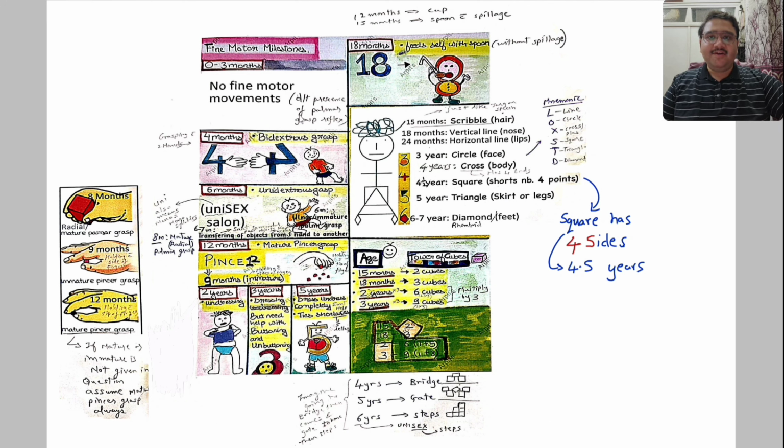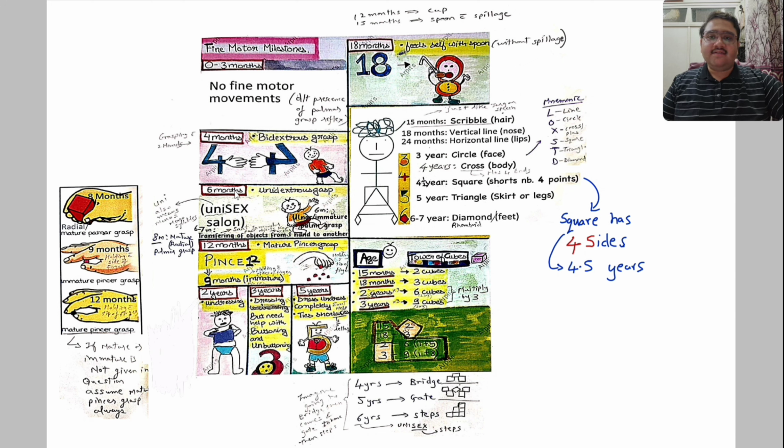Coming to the fine motor milestone, at 0 to 3 months there is no fine motor movements due to the presence of palmar grasp reflex till 3 months. Then at 4 months bidextrous grasp, baby grabs with 2 hands. You can see the 2 fours.